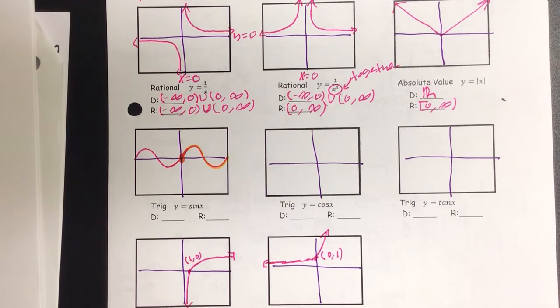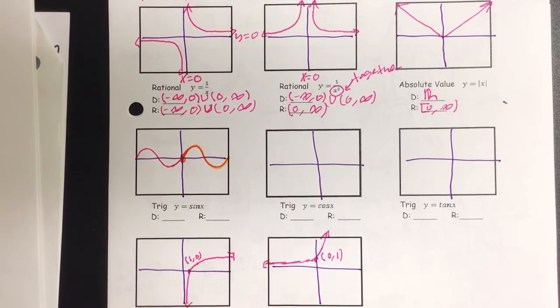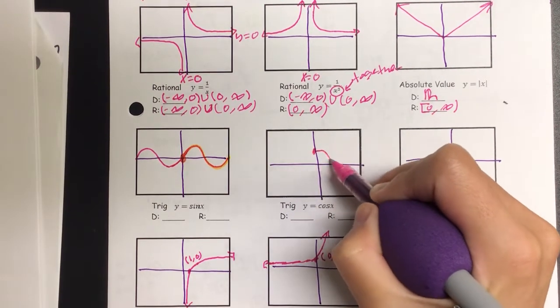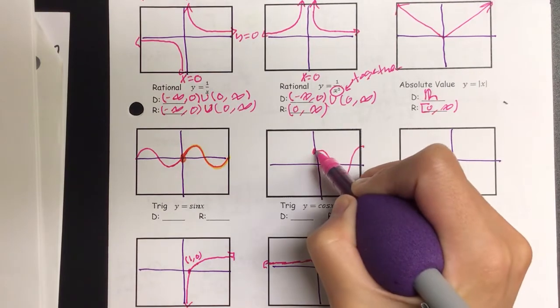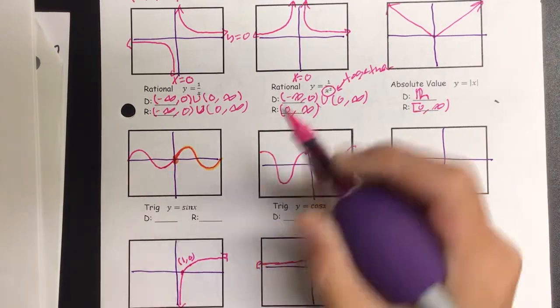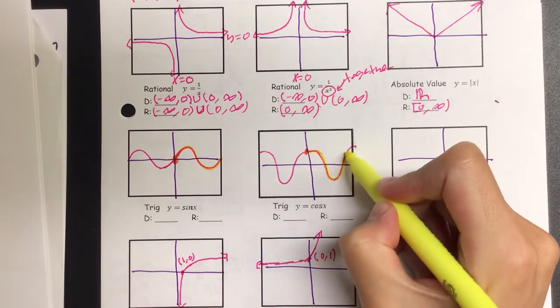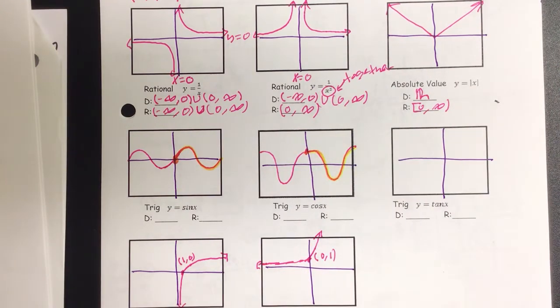It starts by going up. For cosine, does it hit the origin? No. Does it start from the middle or the top? Top. The top. It goes down and over. So I'm going to reflect that over as well. So let's highlight that it starts at top and makes a little bowl or a vase.